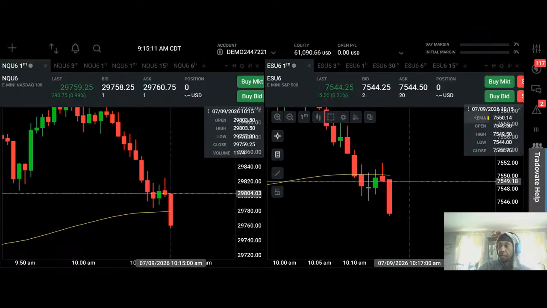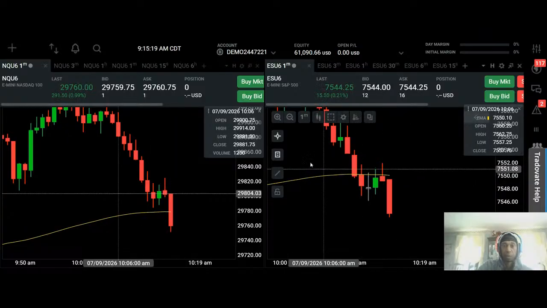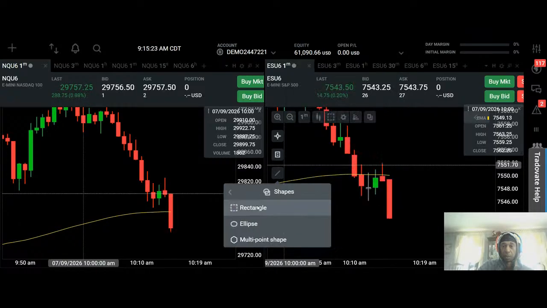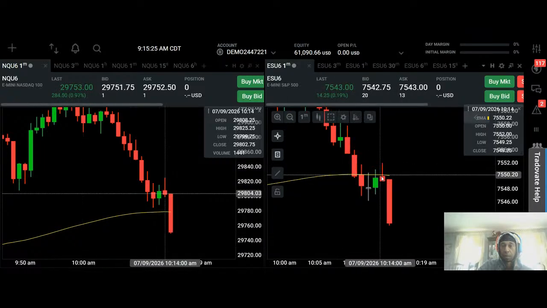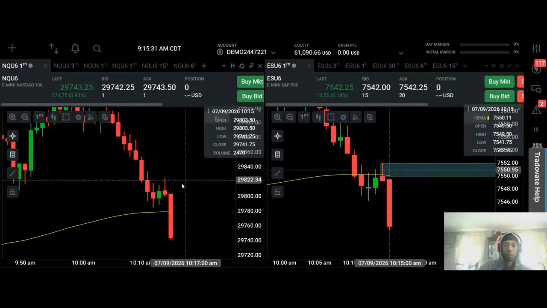Let's see. I've got a precision swing point at 10:14. So this 10:14 candle is a point of interest for me. I cannot enter until they have a retracement to this candle.